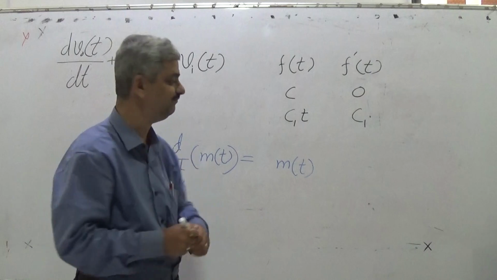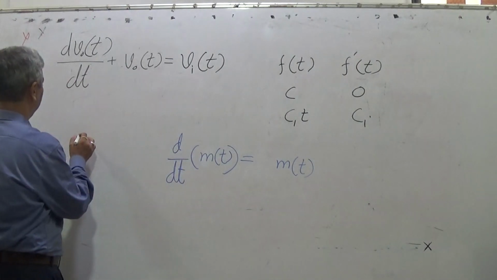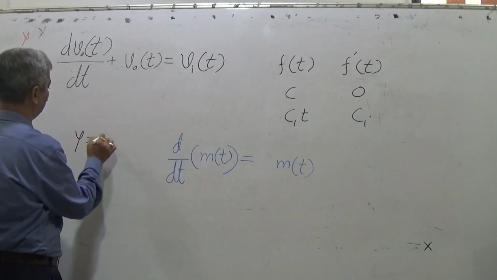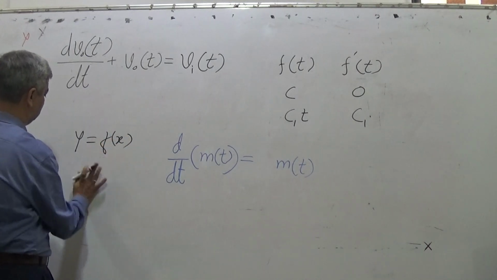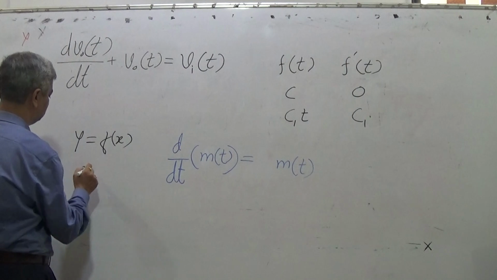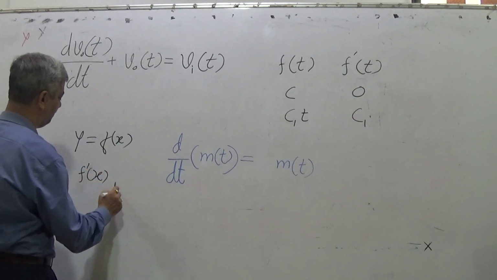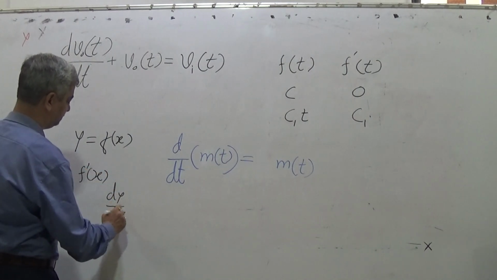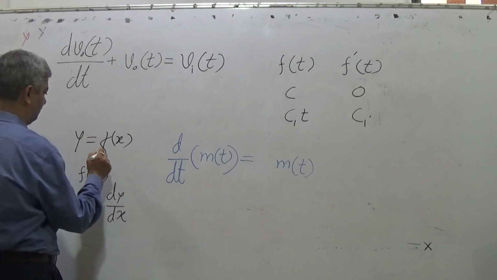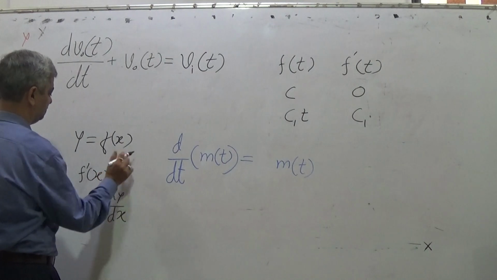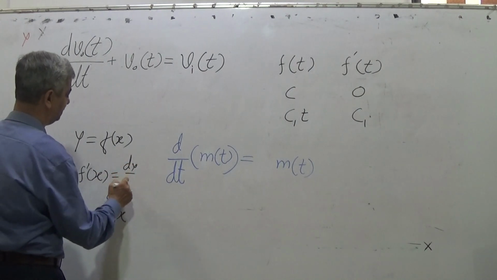That function for which, if y is equal to f(x), then what is f dash x? dy by dx. And what is f(x)? f(x) is y, and f dash x is equal to dy by dx.